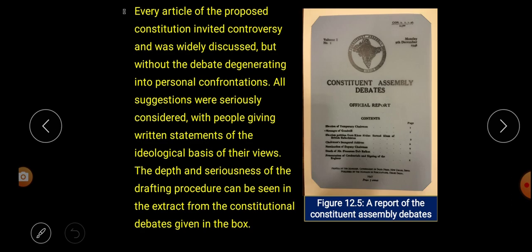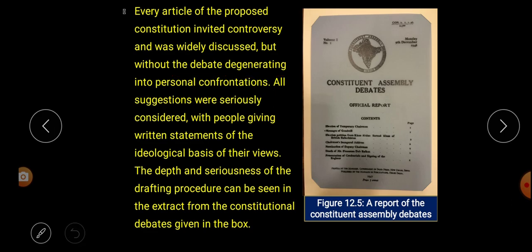That means whatever the article proposed, it invited controversy, and it was widely discussed. Those proposals were discussed in the assembly, but without the debate degenerating into personal confrontation. That means they did not confront. What is confrontation? That means did not challenge personally.